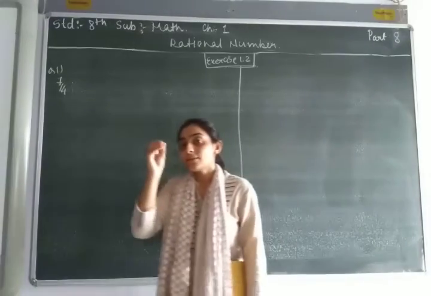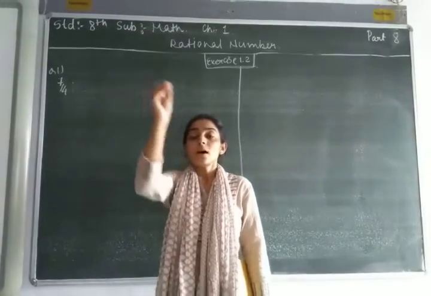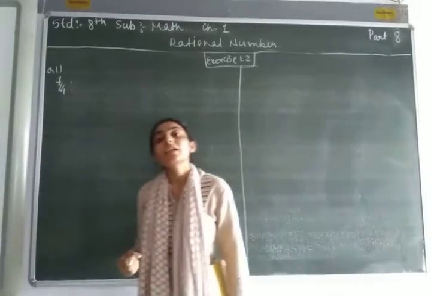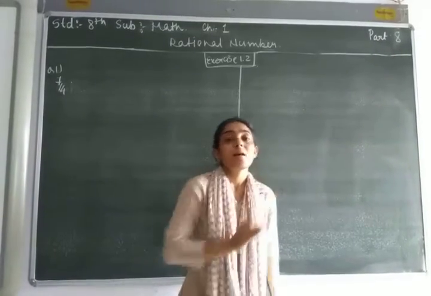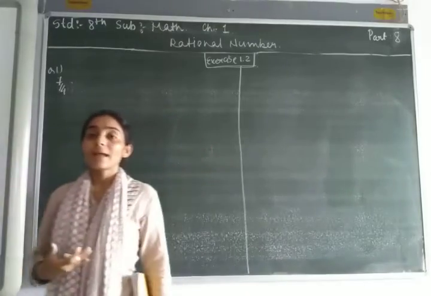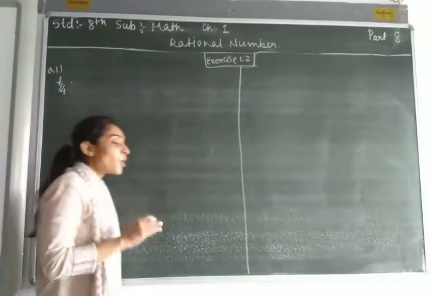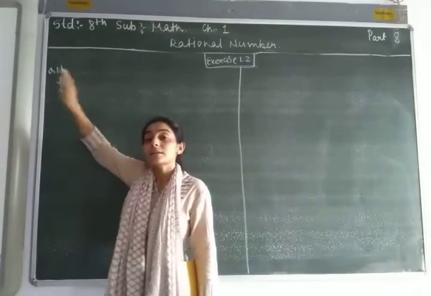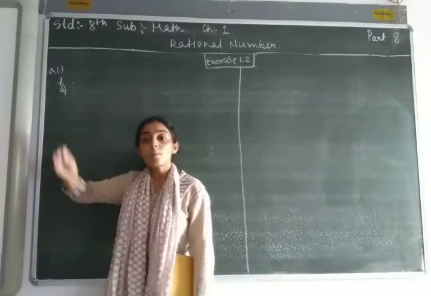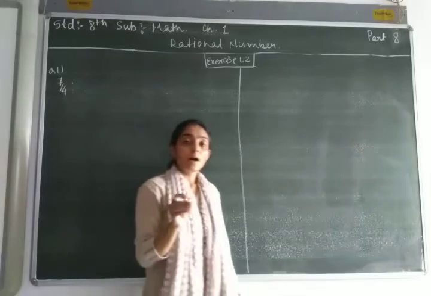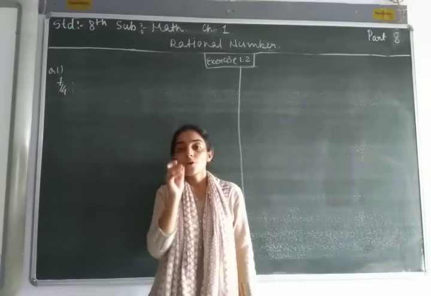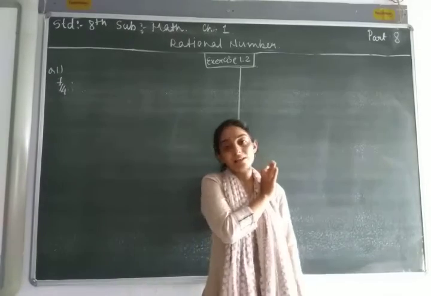If that fraction is negative, then it lies between 0 and -1. Now, if my denominator is smaller than the numerator, then this number cannot lie between 0 and 1. It is more than 1.